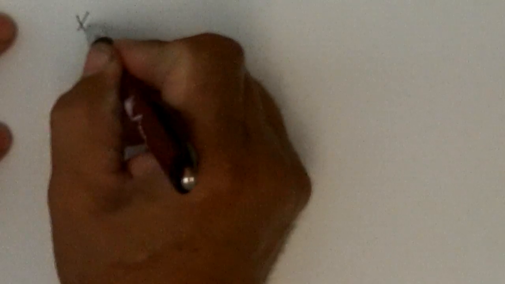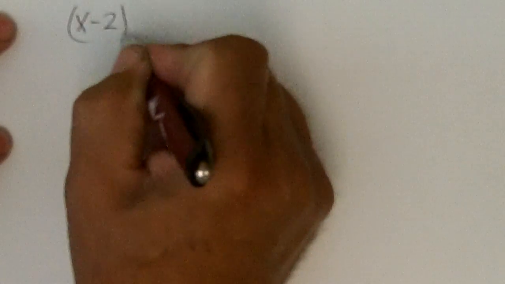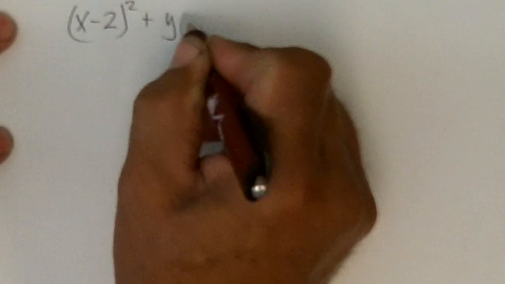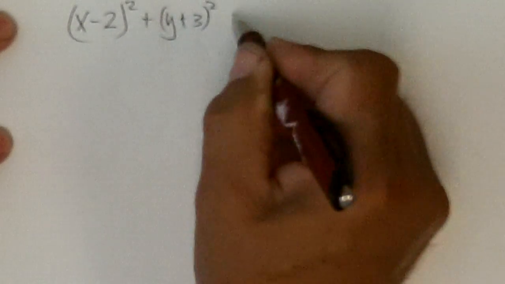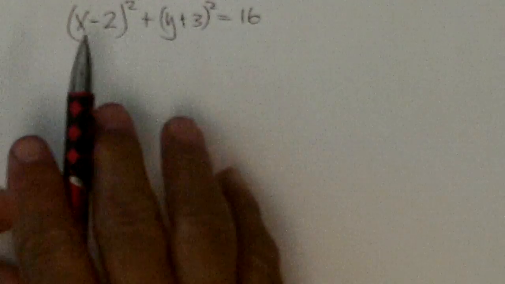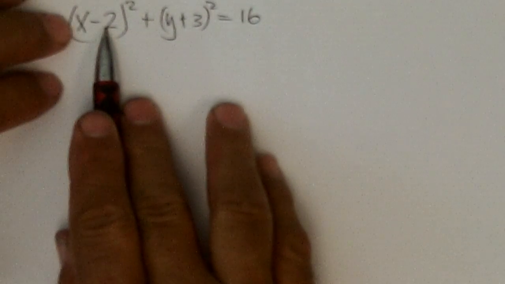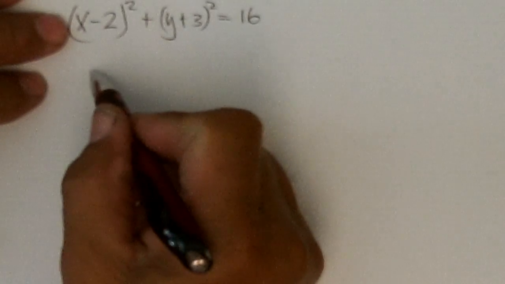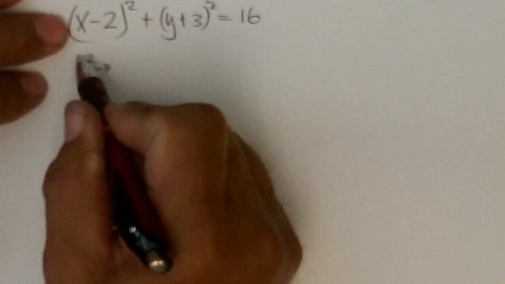Now, if I were to write some other standard form equations like x minus 2 squared plus y plus 3 squared equals 16, what's the center? Well, it's minus 2 on the x, so it's moved right 2.